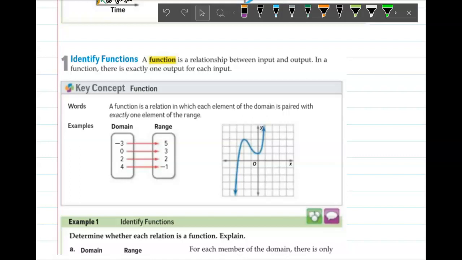Well, it functions if every button gives you a different product. If you pushed 1 and sometimes it gave you Cheetos and sometimes it gave you Doritos, you would say this machine is not functioning properly. This is not right because they cannot share X's. That's how you can tell.